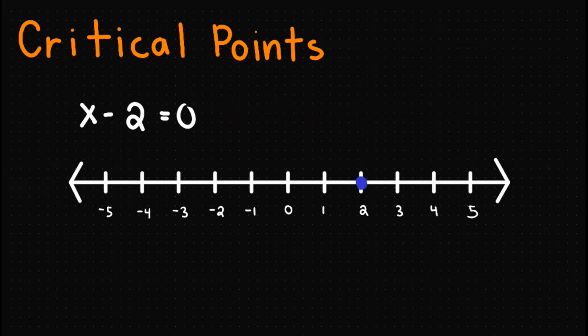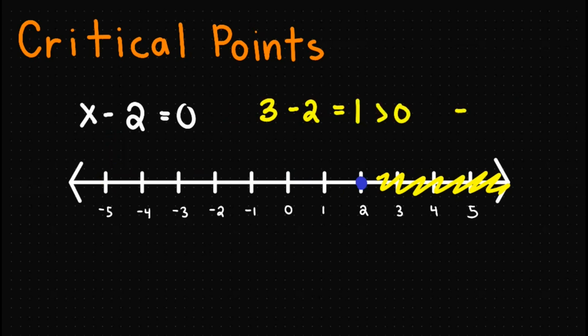So all values on the left, when plugged into our given expression, the outcome will be negative. On the other hand, if we plug in the values on the right, the outcome will always be positive. Indeed, if we try 3 minus 2, the outcome is 1, which is positive.